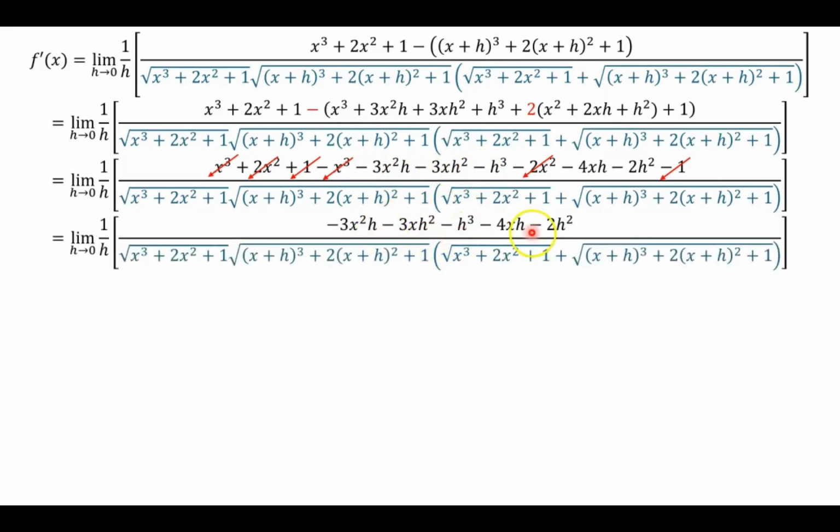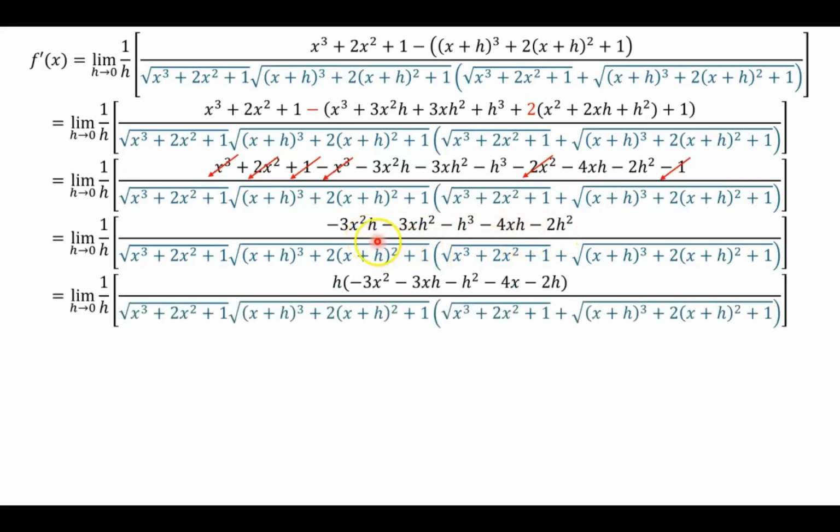So by this way, you can factor out an h from all these terms. So you take this h out, this h squared becomes an h, this h cubed becomes an h times h squared, and then the same thing is true for the next two terms. And then now you can just cancel the h on the numerator and the denominator.